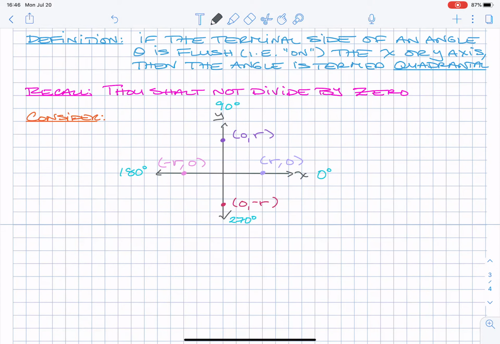Because now we're going to evaluate the 6 trigonometric functions of each of these quadrantal angles.